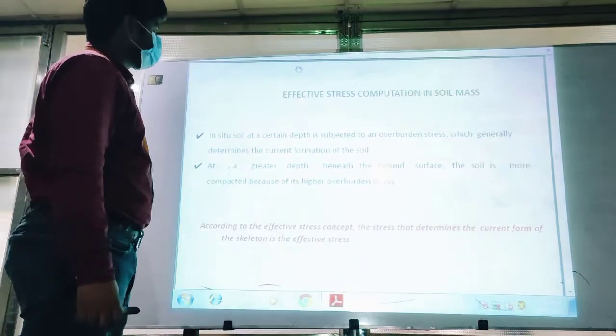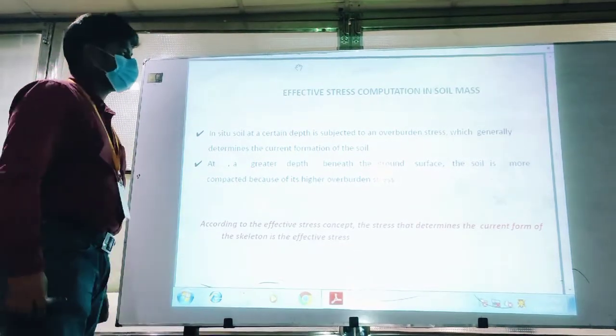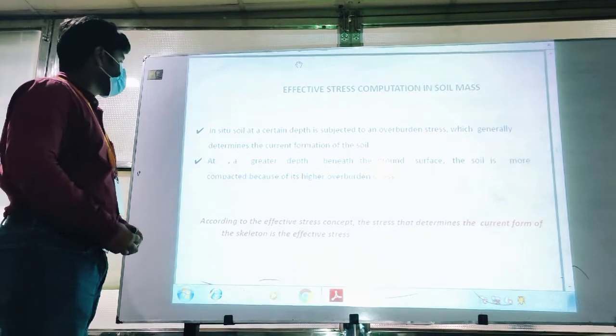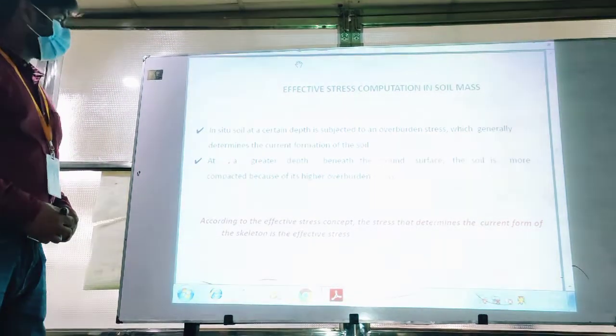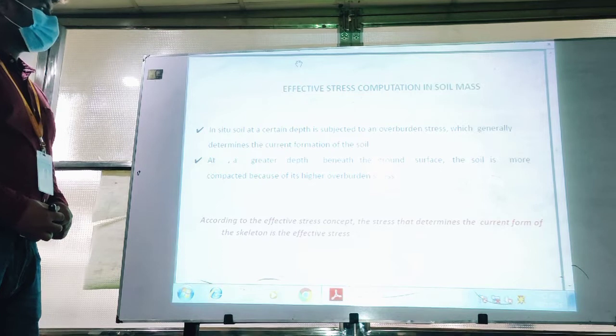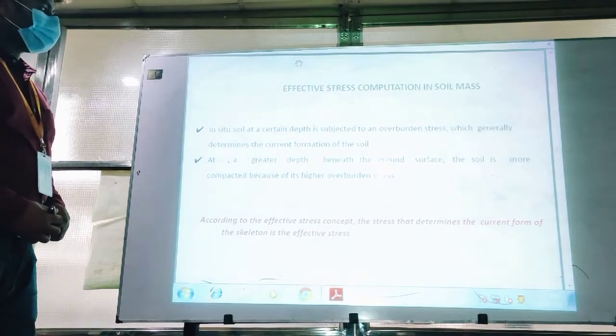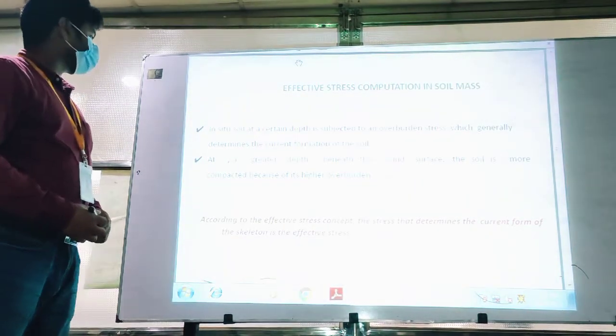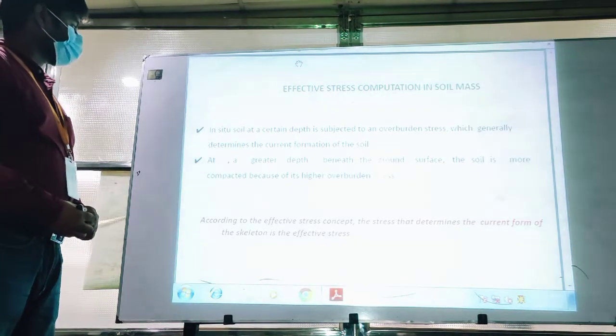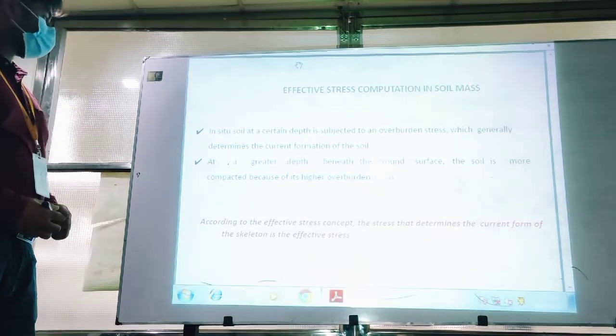We will discuss effective stress computation in a soil mass. Each soil at a certain given depth is subjected to overburden stress, which generally determines the current deformation of the soil.